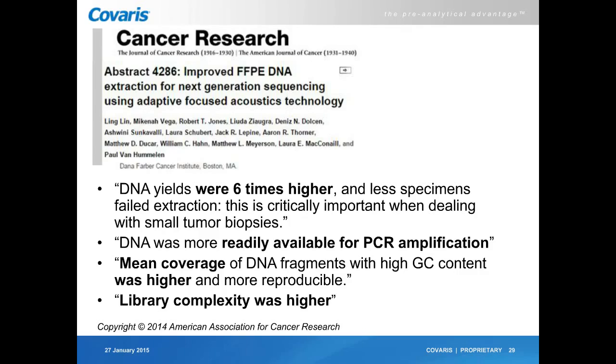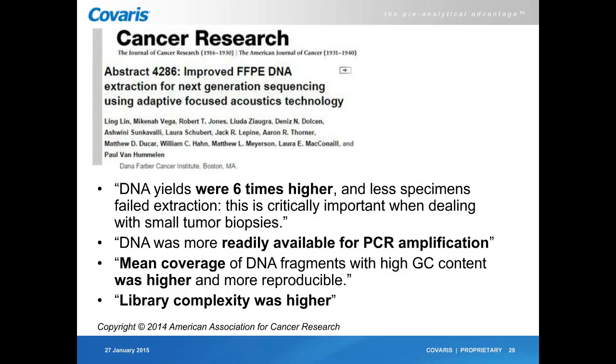DNA yields were 6 times higher with fewer failed extractions. DNA was more readily available for PCR amplification. Mean coverage of DNA fragments with high GC content was higher and more reproducible. And overall, library complexity was higher. So all the data that I presented is also what our customers are seeing.